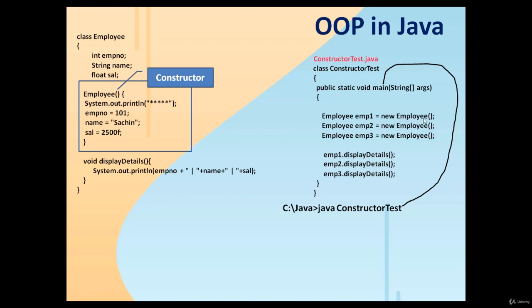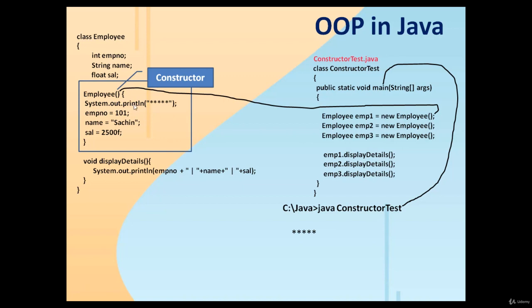When we create an object, the constructor Employee with no parameter gets executed automatically whenever an object of a class is being created. So the control will come to the constructor, which has 4 lines of code.